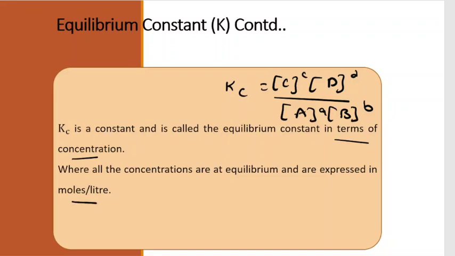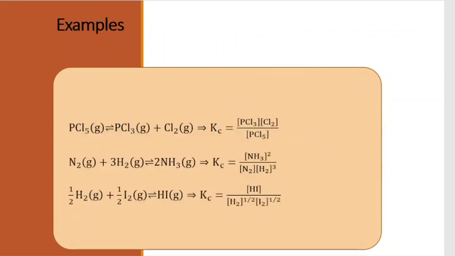Suppose the reaction is in the gaseous state like this, PCl5 gives rise to PCl3 and Cl2. How can we write the Kc for this reaction? Products by reactants, raised to their powers. Products are PCl3 and Cl2, hence they are written divided by PCl5.